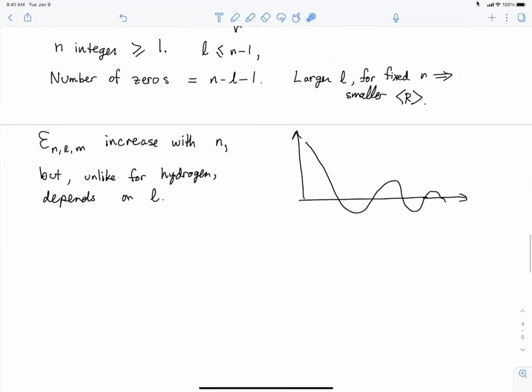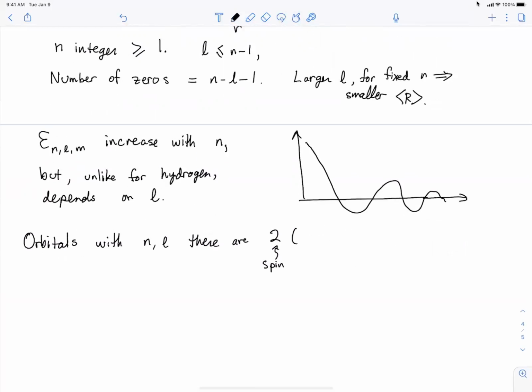Okay, so now we have some orbital states. And for orbitals that have the same n and L, there are how many states? So first of all, there's going to be a 2 for spin.